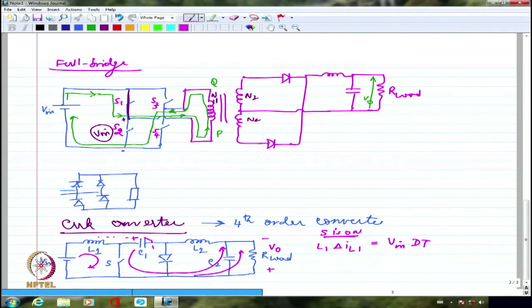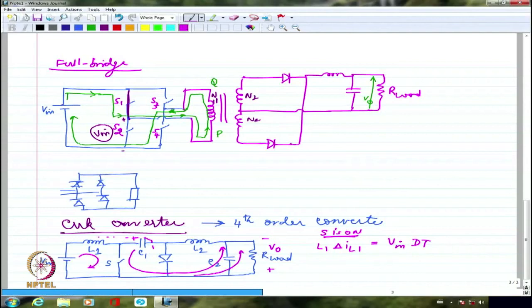If actually I forget about this portion and look at only the output side portion, it looks as though it is a buck converter, right? Because you have an inductance, you have a capacitance, you have a load, all those things with the source as capacitance. Whatever is VC1, if I consider that as the source for my buck converter, it is essentially looking like a buck converter.